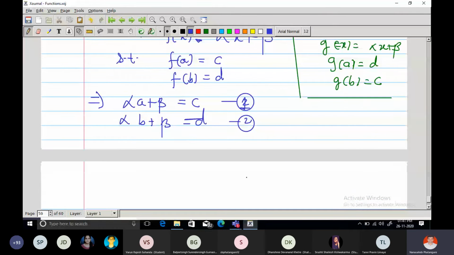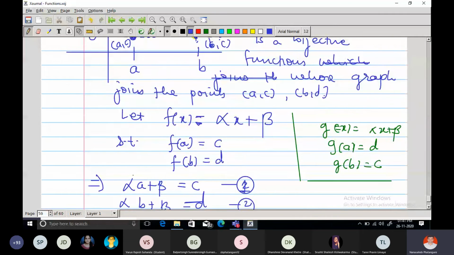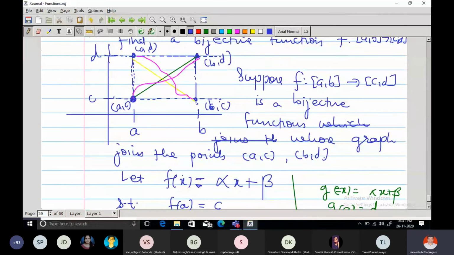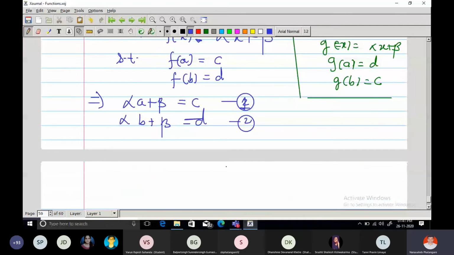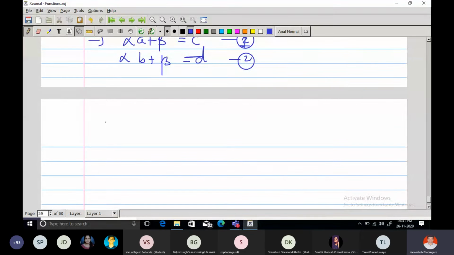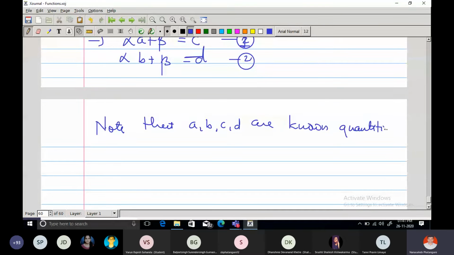But note that A, B, C, D are known quantities, right? Why are these known quantities? Because the intervals A, B, C, D are given.